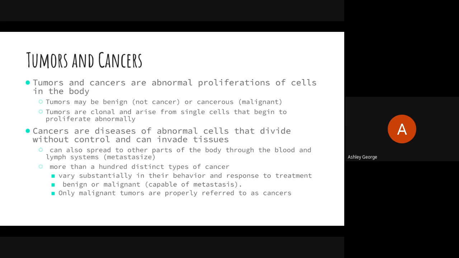They are clonal and arise from single cells that begin to proliferate abnormally, and so cancers are diseases of these abnormal cells that divide uncontrollably and can invade other tissues. So when cancers spread to other parts of the body, that's when they metastasize. And there are more than 100 distinct types of cancer. So that's a little bit of information about that.